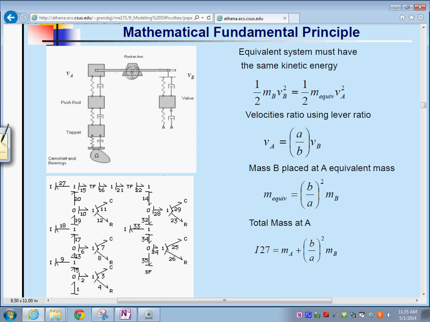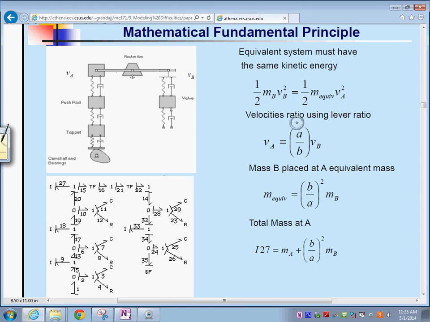In order to do that, we need to find an equivalent system where the kinetic energy at the point B is the same as the kinetic energy of some equivalent mass at A. So the kinetic energy of this one that was in here should be the equivalent of some mass on the right-hand side.